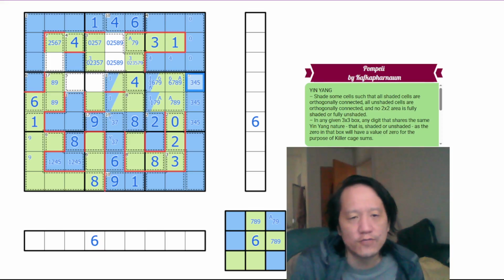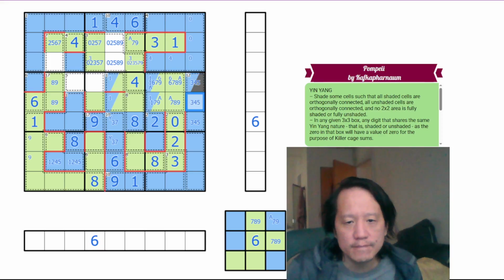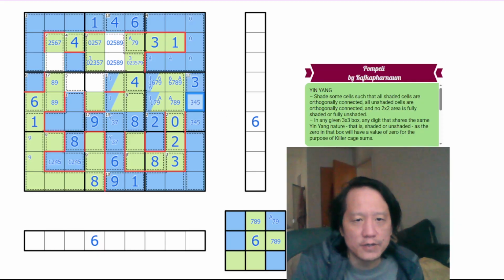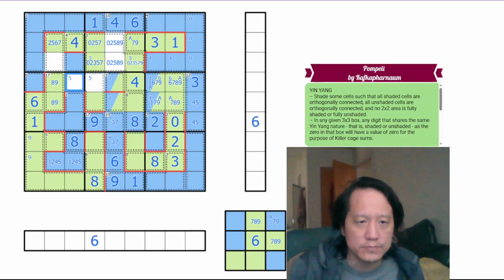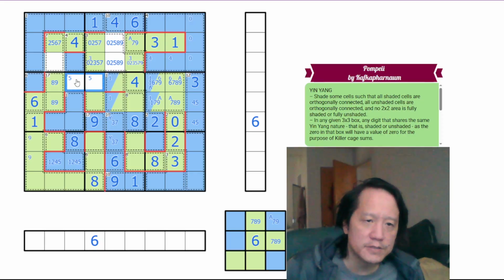This can't be 5 or 4, it's 3. So this is 3 here, because one of these is a 5. And it's either both blues or both greens.